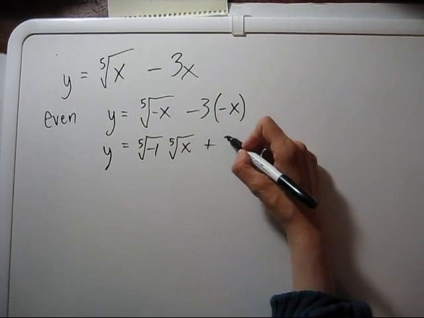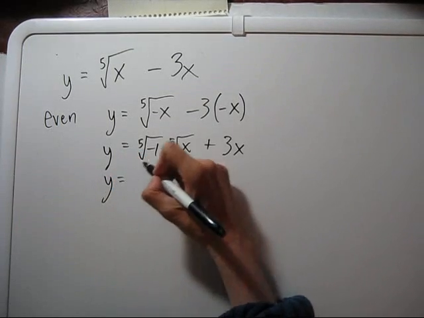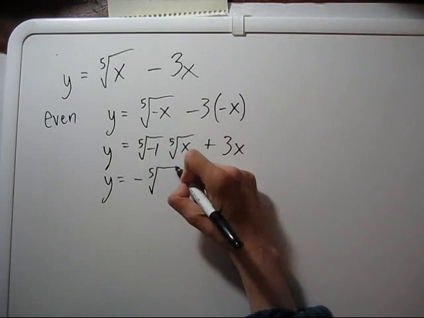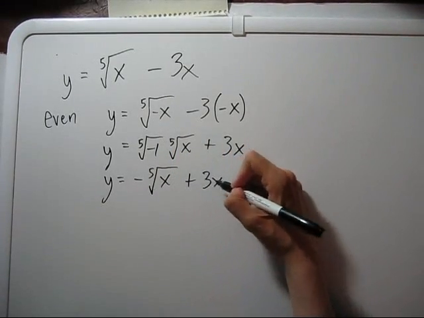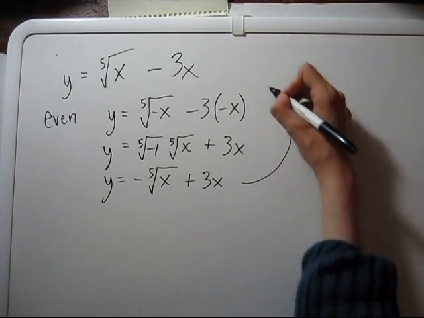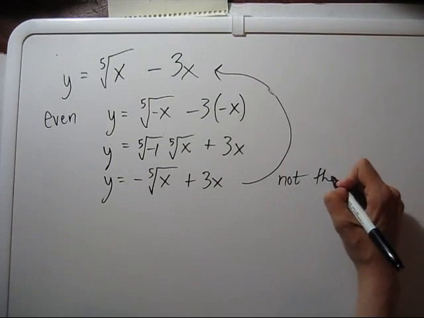This will be plus 3x. And the fifth root of negative 1 is negative 1. Okay, so this is not the same as that one, so it's not even.